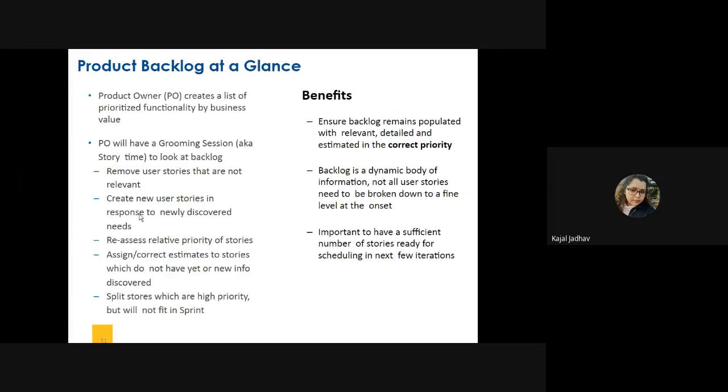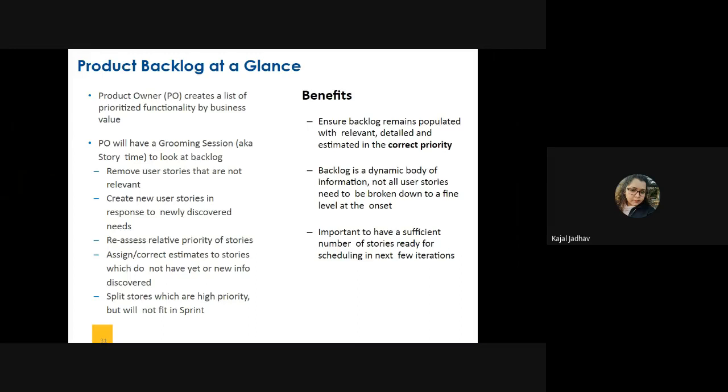Okay, so what do we mean by product backlog? Product backlog is generally created by the business analysts or product owners, and they have a grooming session and take a look at the backlog. As and when they have business requirements, they keep on writing the user stories and keep them in the backlog. Before planning of a sprint takes place, they take a look at the backlog and analyze what stories we have.